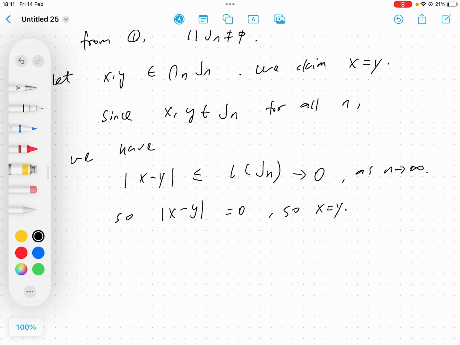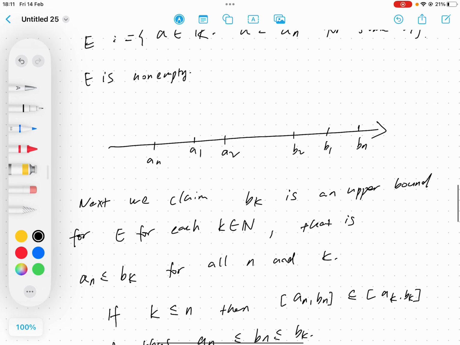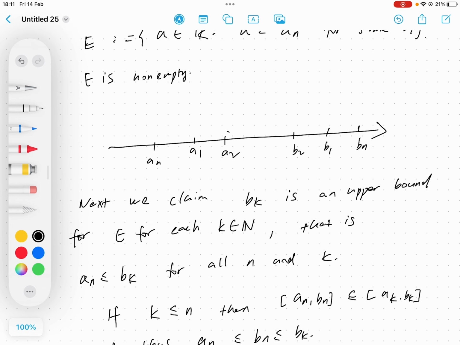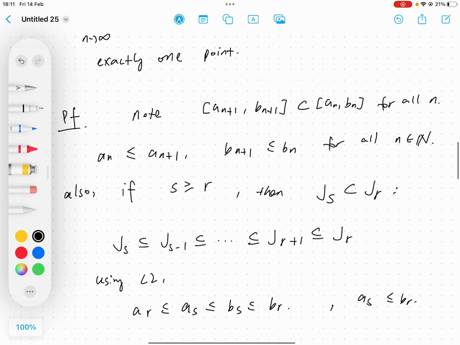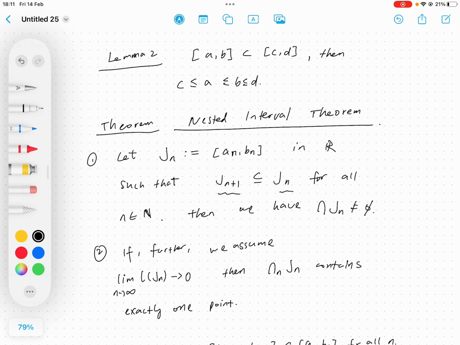Good, so this is the so-called nested intervals, right? We have all those closed intervals nested together. So from here we can see something quite useful: if we have those nested intervals, then we can say something about their intersection.